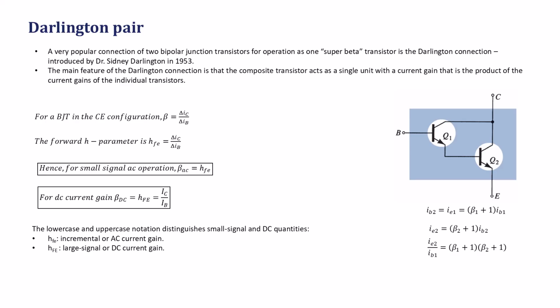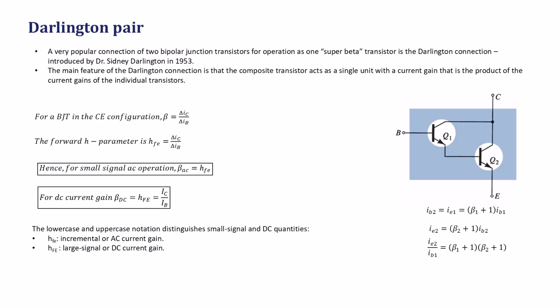The main feature of the Darlington connection is that the composite transistor behaves as a single unit with an overall current gain equal to the product of the current gains of the two individual transistors. For a BJT in the CE configuration, remember that beta equals delta IC over delta IB. The forward H parameter is hfe, defined the same way, delta IC over delta IB.